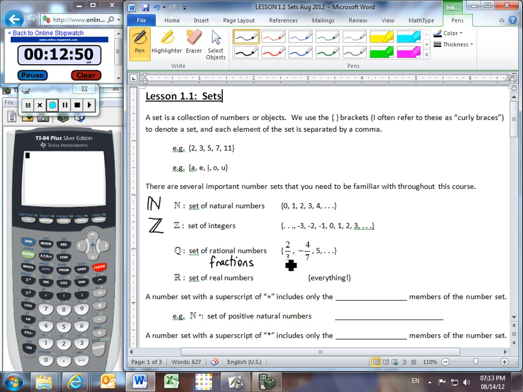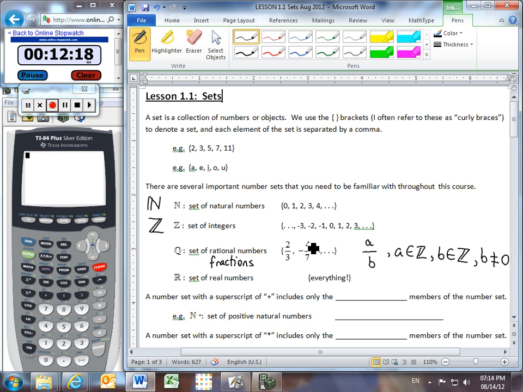And so really we're talking about any number that can be expressed in the form a over b, where a is an integer, we'll get to this notation in a minute, and b is also an integer, but your denominator b cannot equal 0. You're not allowed to ever divide by 0, so it would not be a rational number if we had a 0 on the bottom. But we can have a 0 on the top, that's no problem.